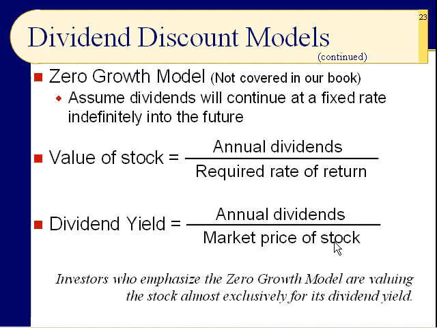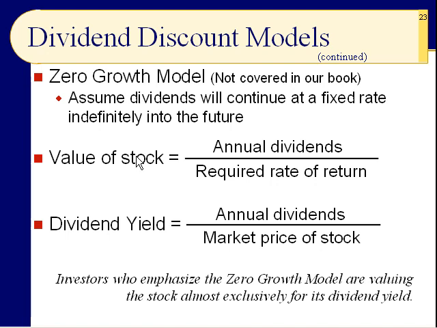On slide 23, the dividend yield is equal to the annual dividend divided by the market price. So basically what we did is we swapped the value of the stock with the market price and the dividend yield with the required rate of return. We basically just rewrote the formula, putting the value of the stock over here on the left-hand side and the required rate of return in the bottom.